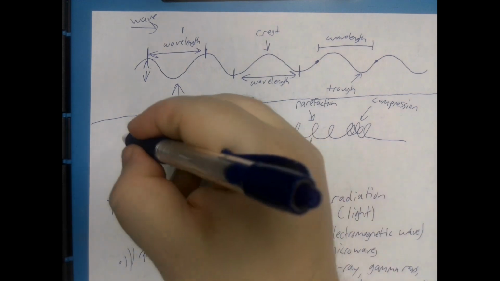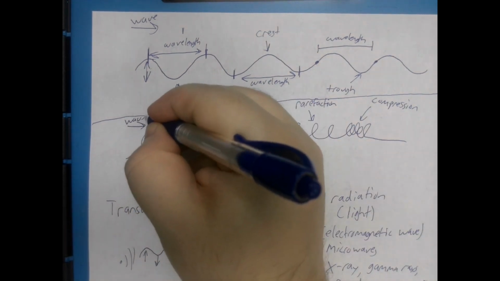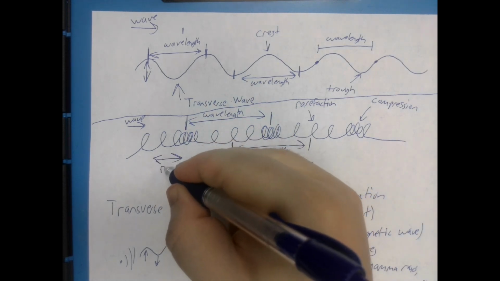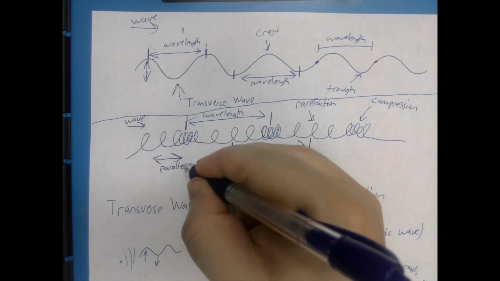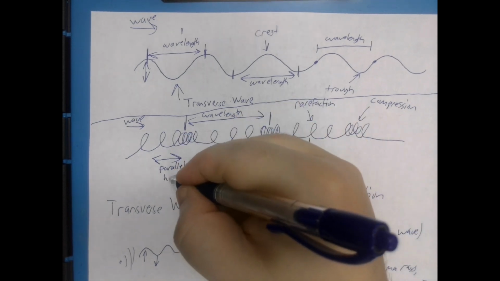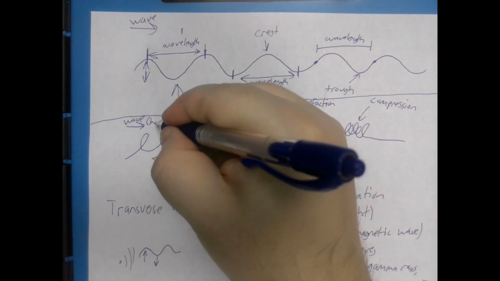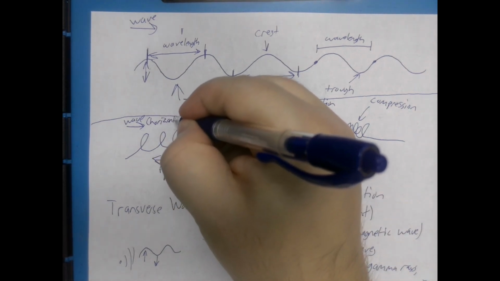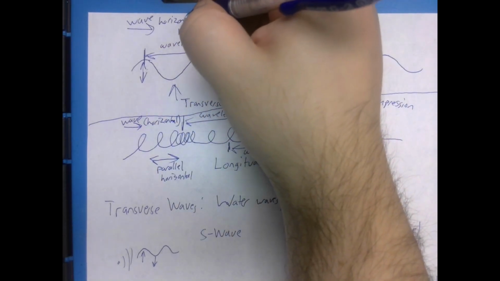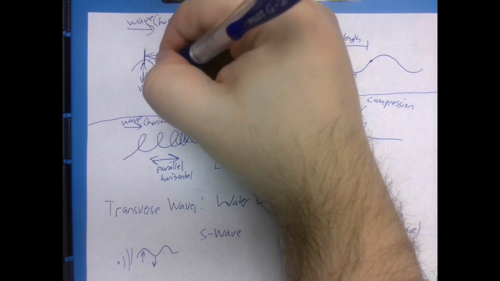And for a longitudinal wave, if this compression is moving in this way, then they're vibrating parallel. Or if the wave's moving horizontally, this would be horizontal. So this wave is moving horizontally, and the particles are moving vertically, or perpendicular.